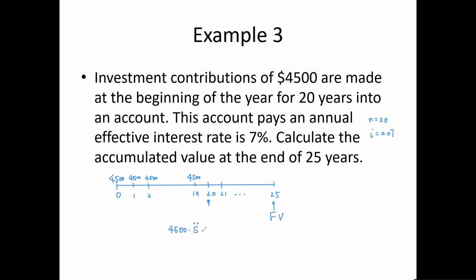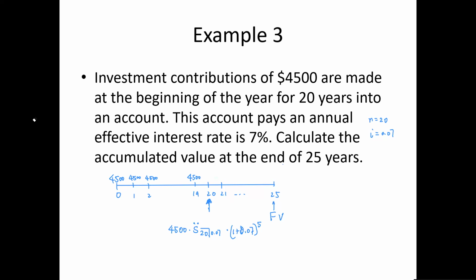It's the annuity due because all these $4,500 payments happen at the beginning of the year. And you have 20 payments, and you have 0.07. And then you multiply by 1 plus i, which is 1.07, to the 5th power, for 5 years. Okay, so this is the amount we're looking for.